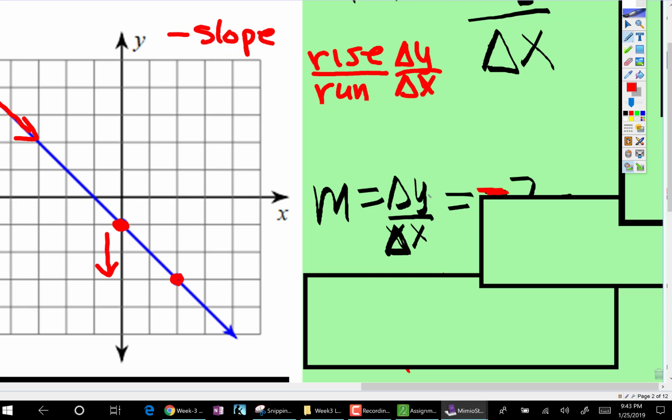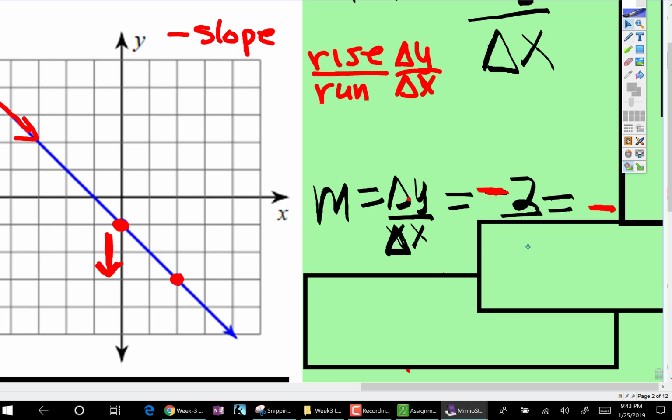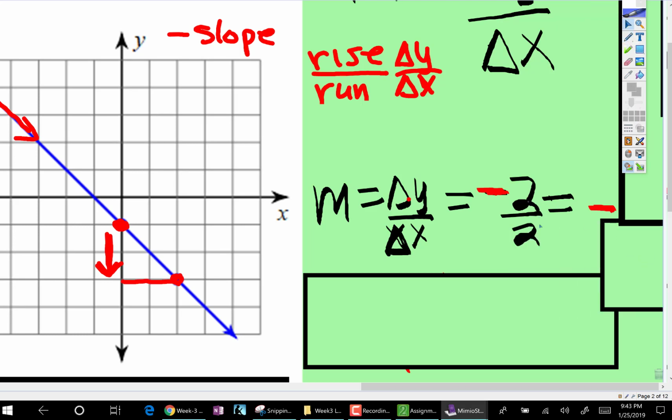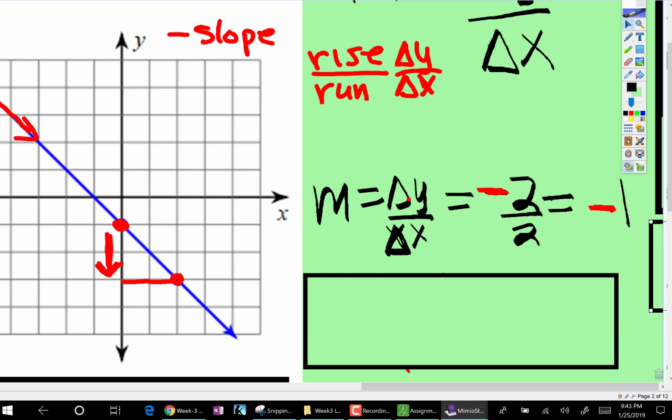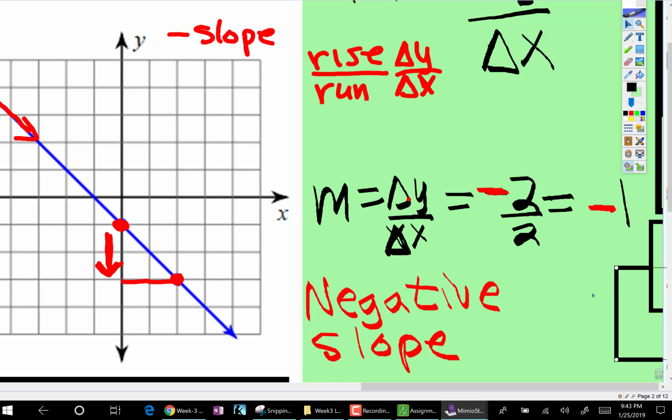So when you see this right here, that just means rise over run. We went down 2, so we do negative 2 right there. And how far did we go over? We went over 1, 2. So negative 2 divided by 2 is negative 1, and it's a negative slope.